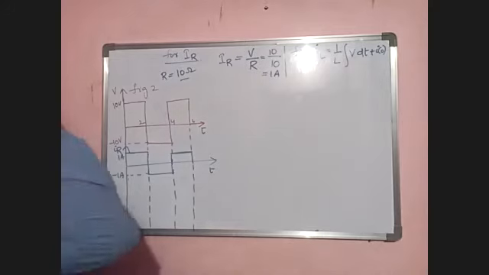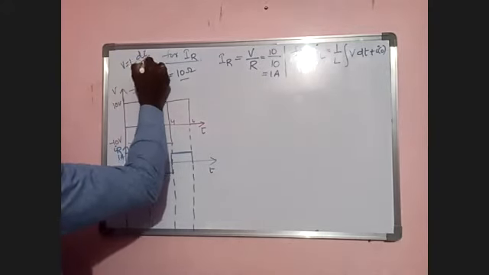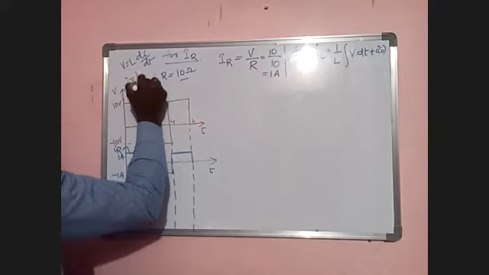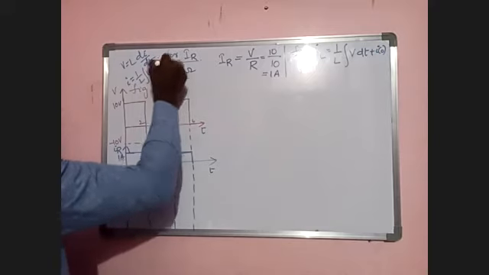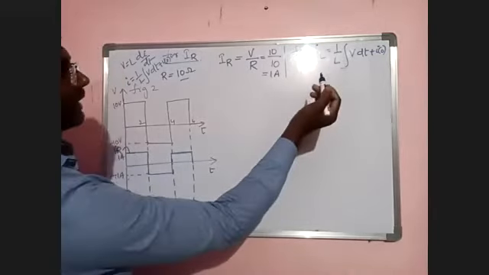Actually, V is equal to L into di by dt. So from this, I is equal to 1 by L integral V dt plus I naught. So by using this expression, we need to calculate its value.